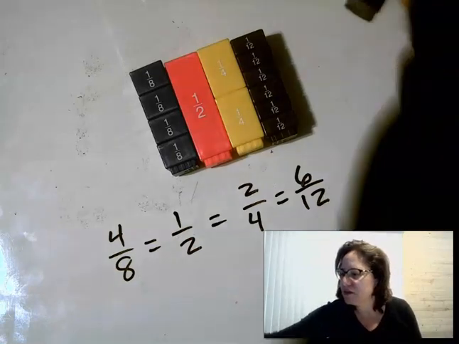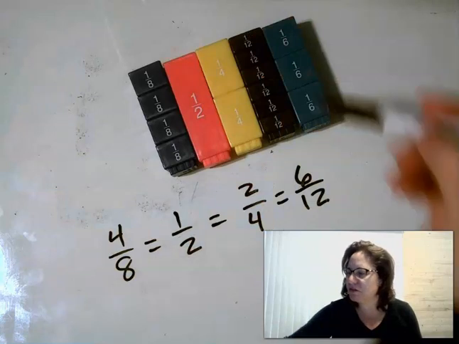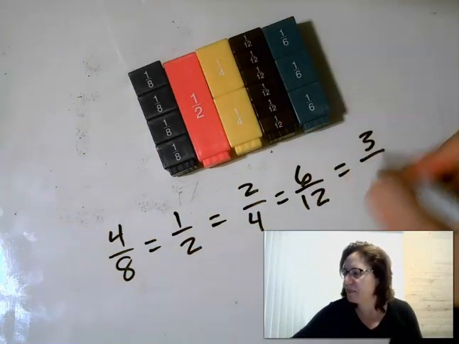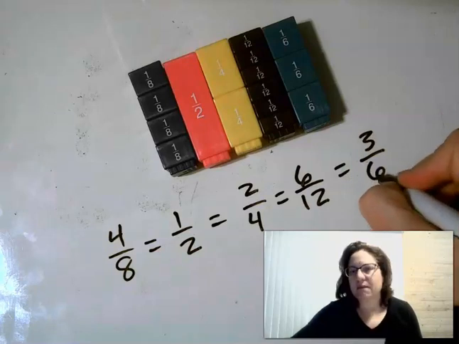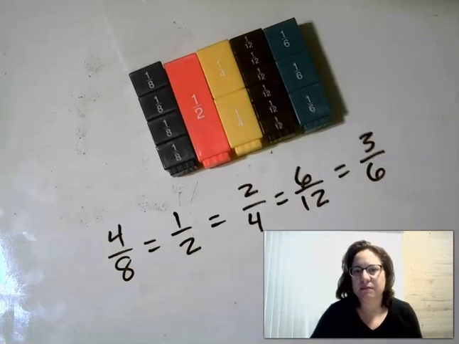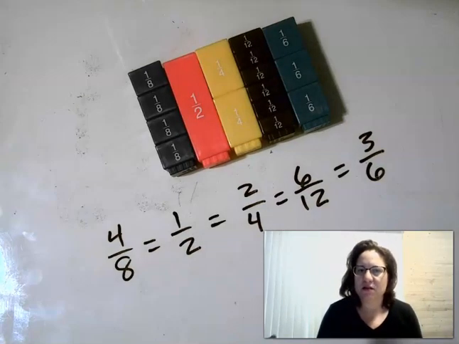I got one more for us. Sixths. How many sixths are those? 1, 2, 3. Three is half of 6, just like 1 is half of 2, and so on and so on. These are all equivalent fractions.